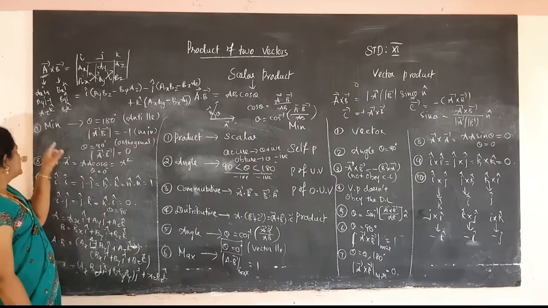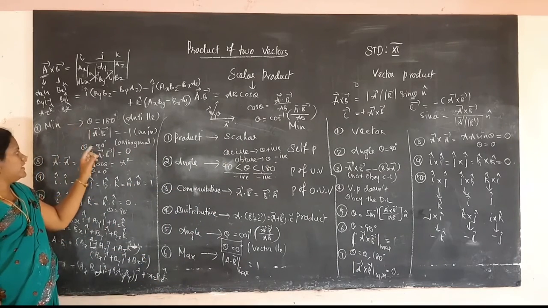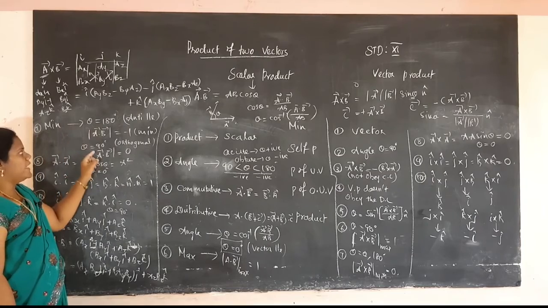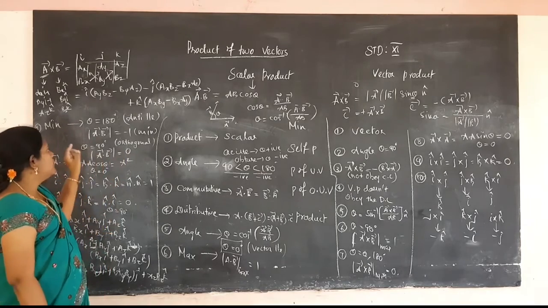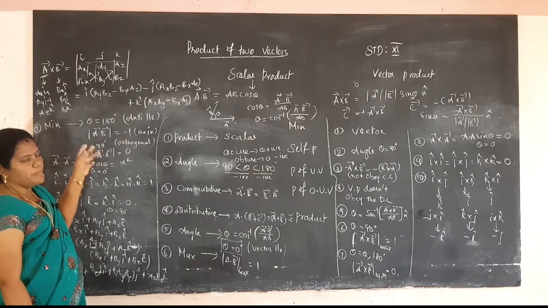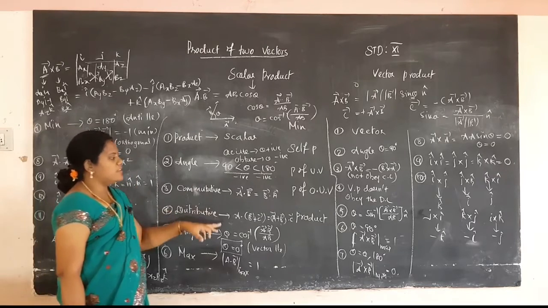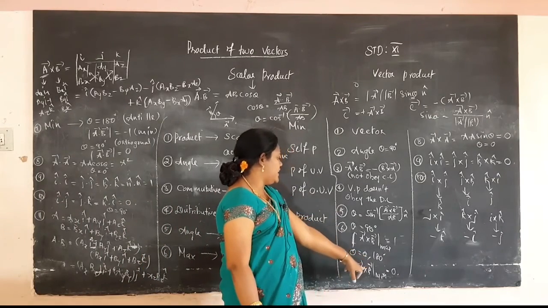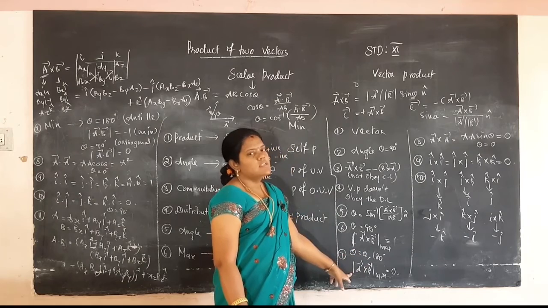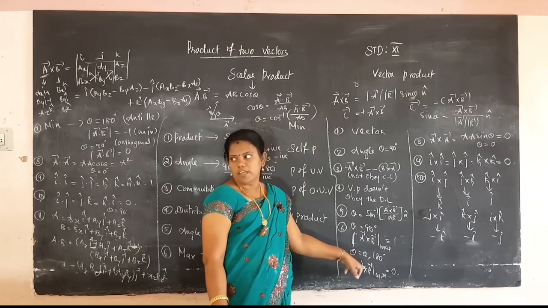In the scalar product, at 90 degree and 180 degree, when the vectors are orthogonal or anti-parallel, the scalar product of two vectors will be minimum. But in the vector product, when the angle is 0 or 180 degree it will be minimum, because sin 0 is 0 and sin 180 is also 0.